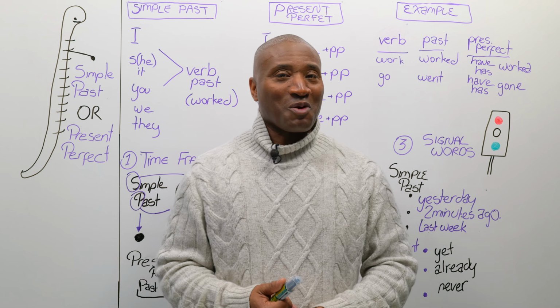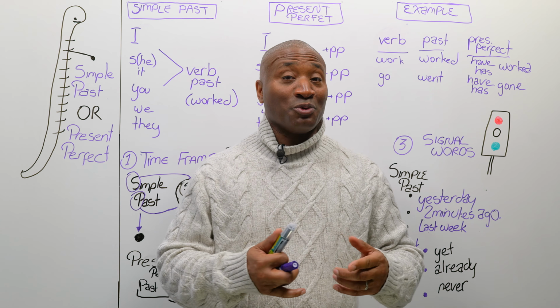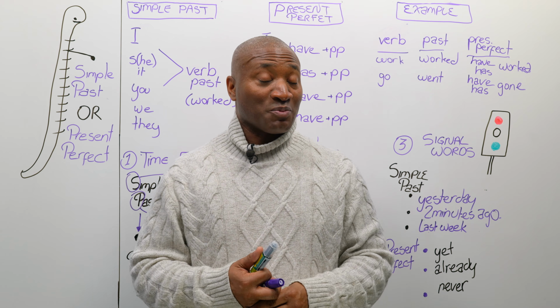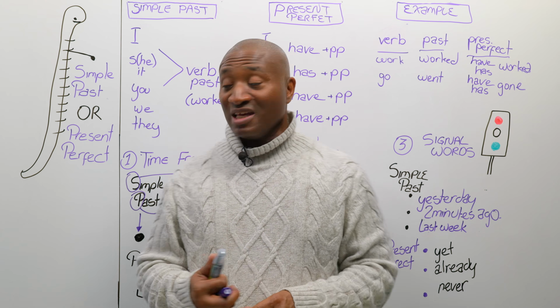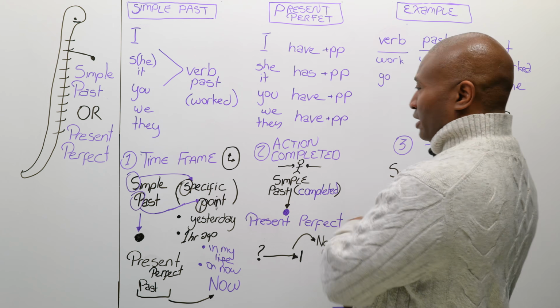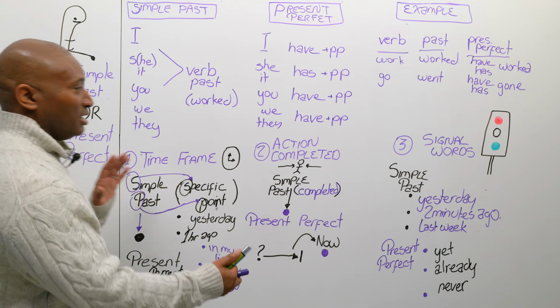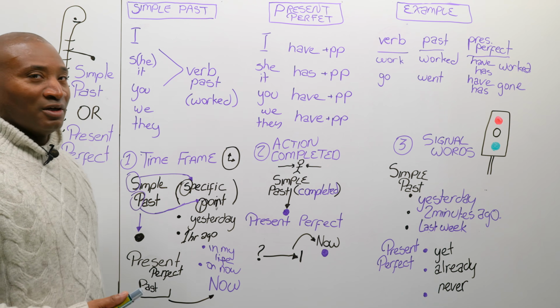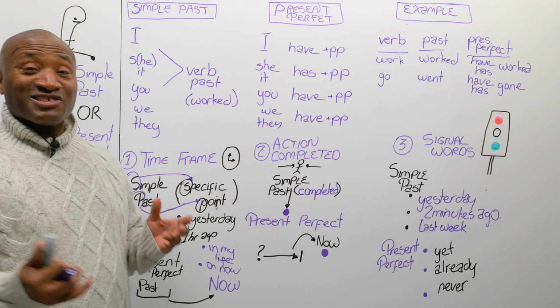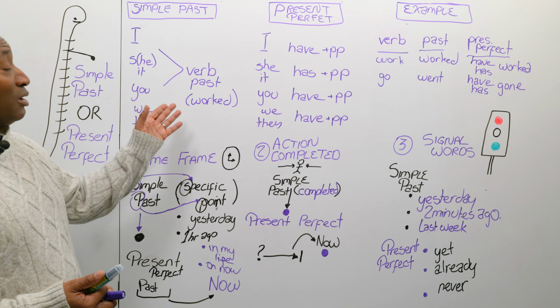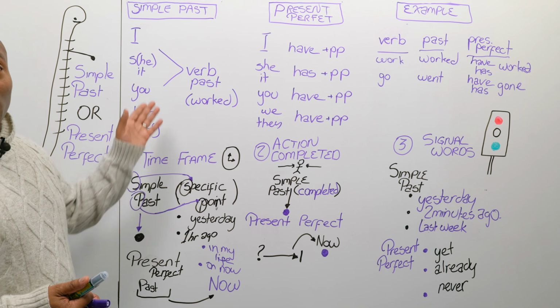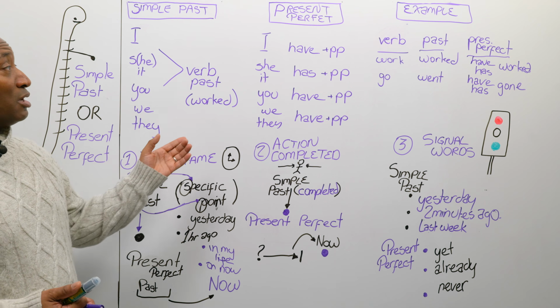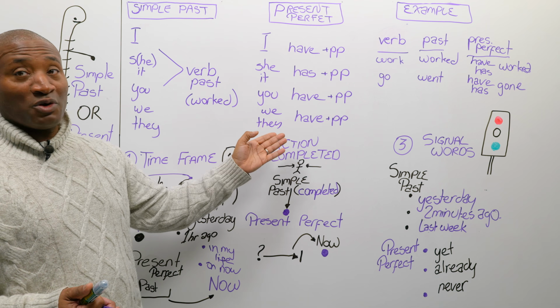Now, you probably noticed how we moved through this video to explain the simple past and the present perfect, that even though this looked very complicated, I mean, look at all this stuff. You started off going, okay, let's start from the beginning. What do we look at when we see the simple past? How is it different than the present perfect?